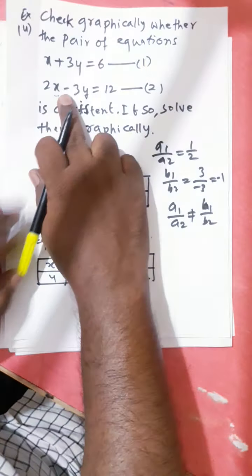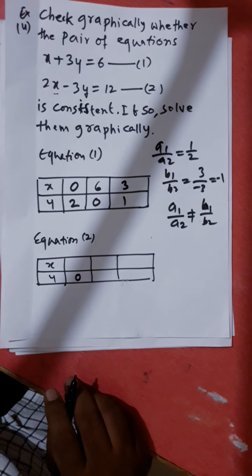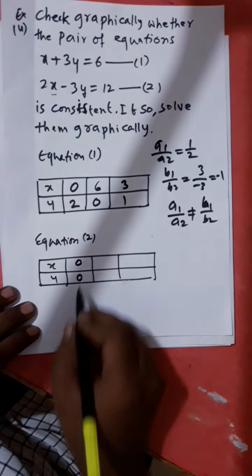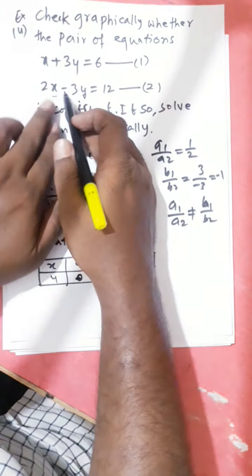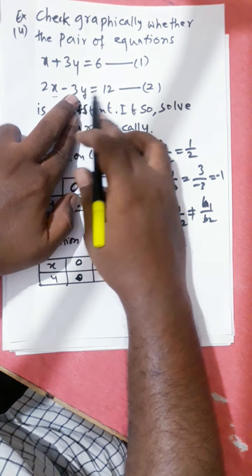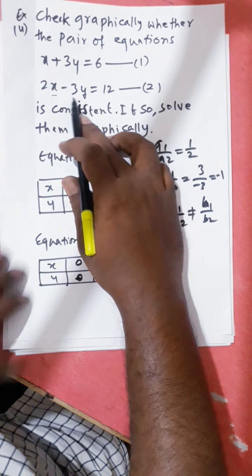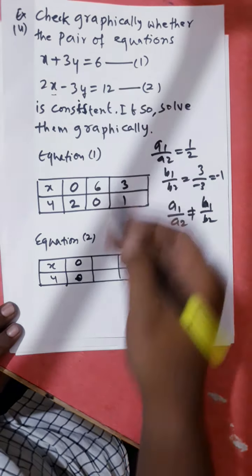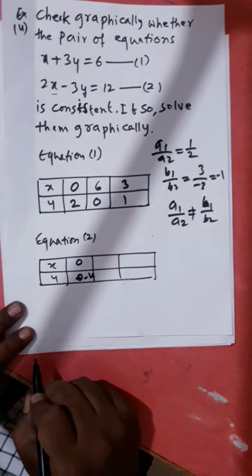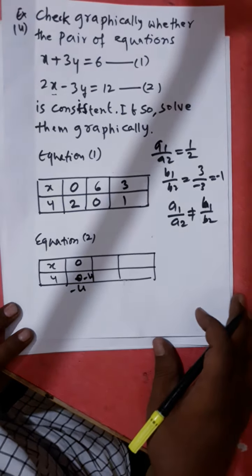Then for this equation, if I put x is equal to 0, what is y? 2 into 0 is 0. Minus 3y is equal to 12. Then y is equal to 12 by 3, with the minus sign. This will be minus 4.